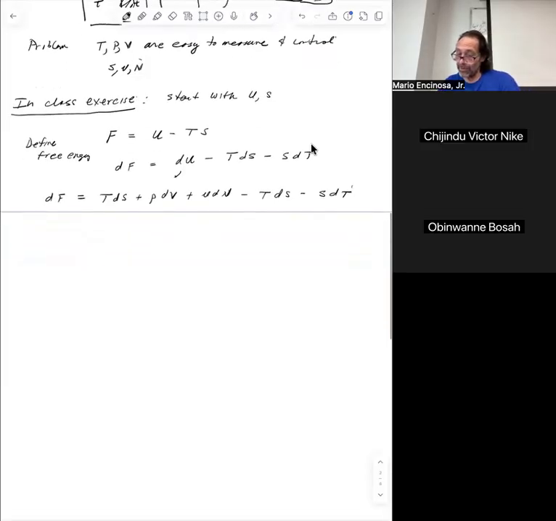So watch what happens when we do this. This cancels. So I no longer have a differential. And now I see that dF must be minus partial, and I'll define it this way, partial F, partial V. The plus or minus is physics, not math.